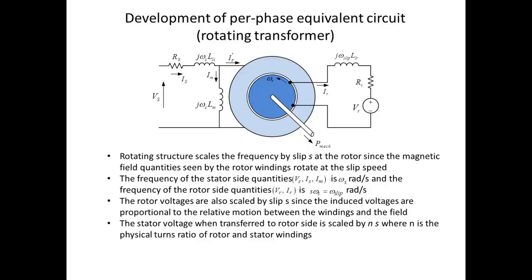So there is a scaling of the voltage by this factor s. One is omega s, the other is omega slip, and omega slip is s times omega s. So there's a scaling of factor s.